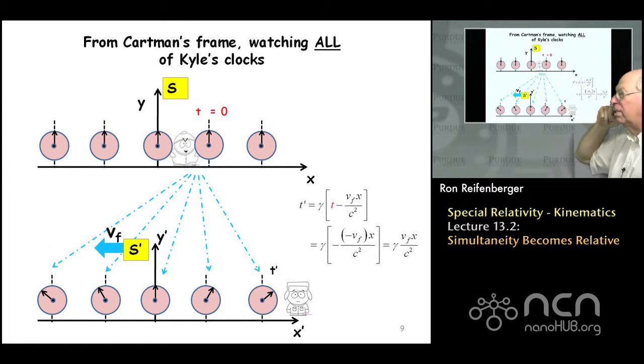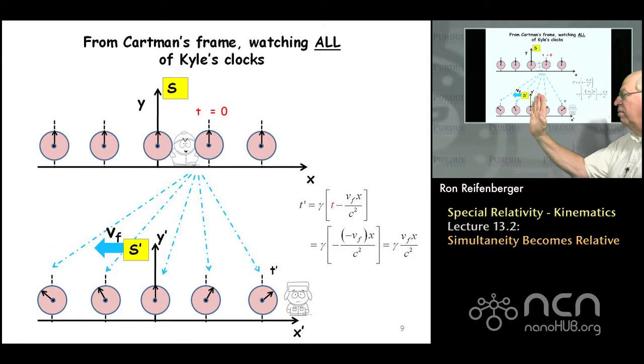All his clocks are synchronized at t equal to 0, so you can put t equal to 0 in this expression. What you've got is a negative sign. The velocity is now in a negative direction, so those two negative signs cancel out, and he would see a time in his reference frame that is ahead of t equal to 0 if x prime is a positive number.